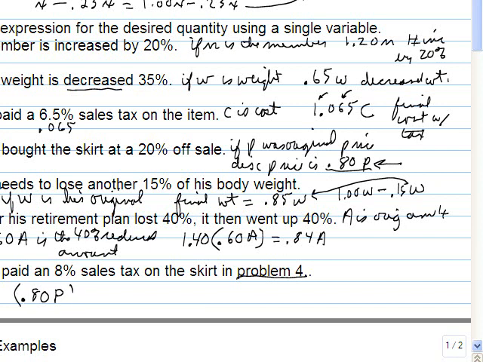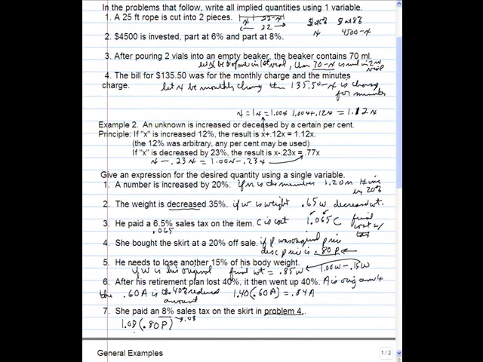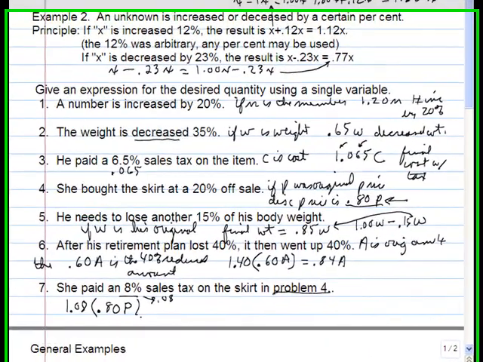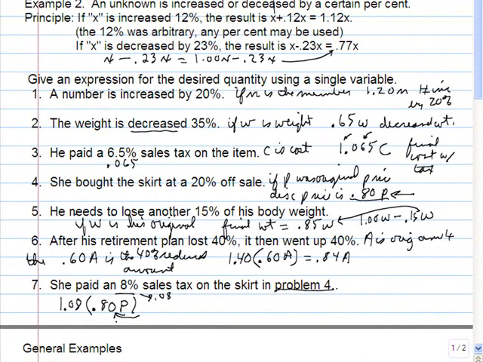So you have to multiply that by 1, that's the whole 80%, and then 0.08, that increases it by 8%, because 8% translates to 0.08 as a decimal. So that would be 1.08 times 0.80P. The 0.80P is the 20% discount, and the 1.08 multiplying by that adds the sales tax on to the discounted price. Okay, let's take a look at one last thing.